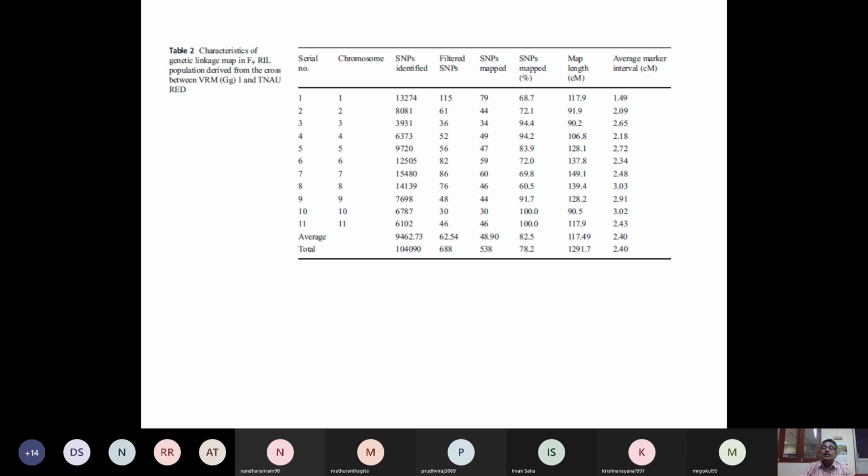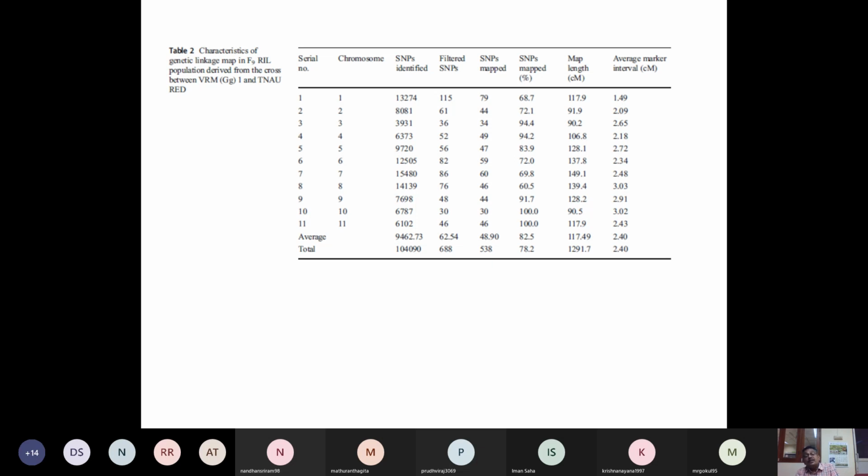And also you have to check the map length. For example, if you use around 74 markers evenly distributed, and the recombination between the progenies is uniform, then your markers also recombine in the same fashion, so you will get around 117.9 centimorgan distance. Sometimes the map distance will be enhanced, and sometimes it will be narrowed.